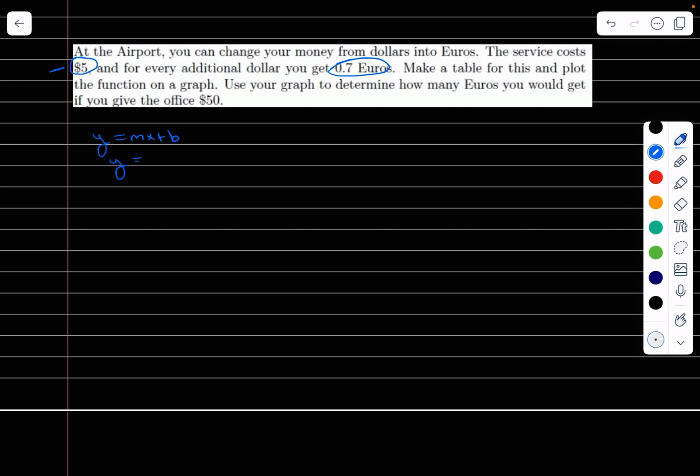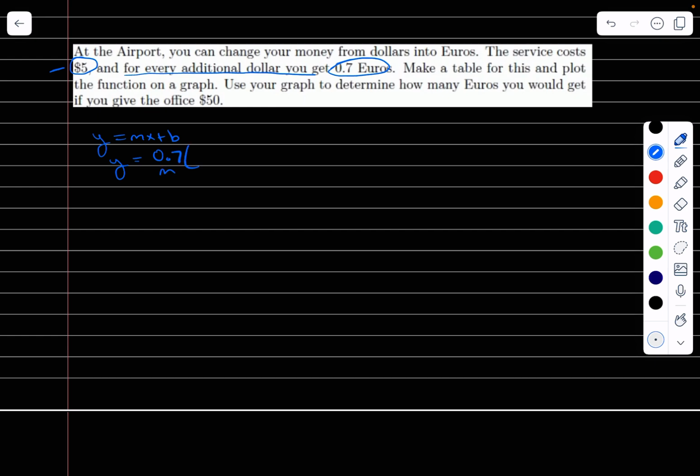So the easiest way to find what m or the slope is for wording like for every additional dollar or for every other thing, something that labels multiplication will usually be the m or the slope. In this case, since we're exchanging from dollars to euros, the only way to really do that is by multiplying. So we know that 0.7 is going to be our slope.